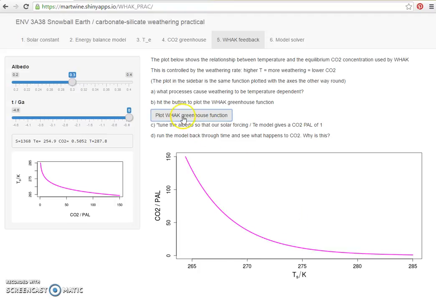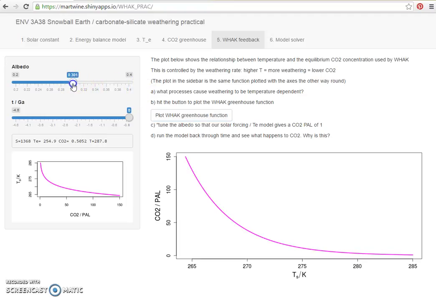If we plot the greenhouse function, nothing happens, or apparently nothing happens, and that's because the albedo isn't quite right. We need to tune the albedo so that our energy balance greenhouse effect model that predicts temperature as a function of CO2 is in the right place for the present day, which is having a CO2 present atmospheric level of 1, pre-industrial level.